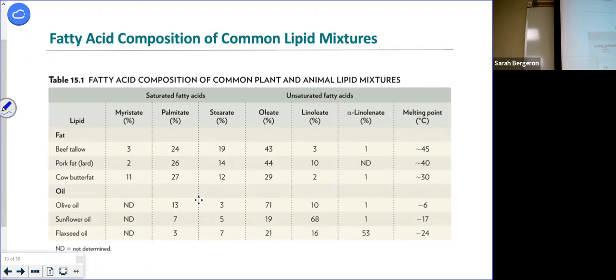If you look at saturated fatty acids, you can look at the percent of each of the common fats that are in, let's say, beef tallow, or in olive oil. You can look at the combination of different fats, and you can see that they're composed of things that are more saturated versus things that are unsaturated. You can start to see those patterns. So you're going to need the book so that you know what these different things are, and you kind of need this chart.